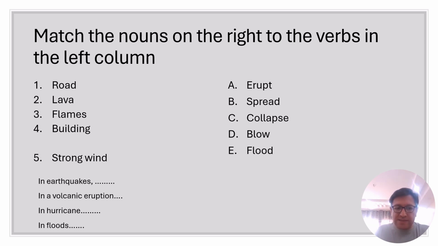In earthquakes, can we say buildings collapse, right? As we already joined them in the previous activity. So we will write here, in earthquakes, buildings collapse. I'm just putting this in the chat room because I can't type on the screen.